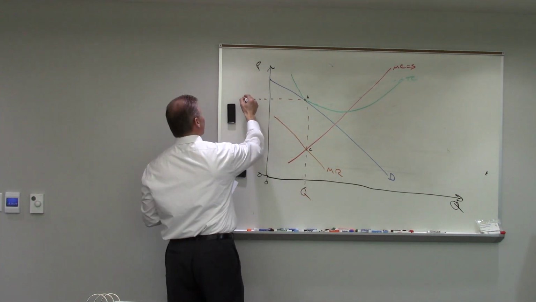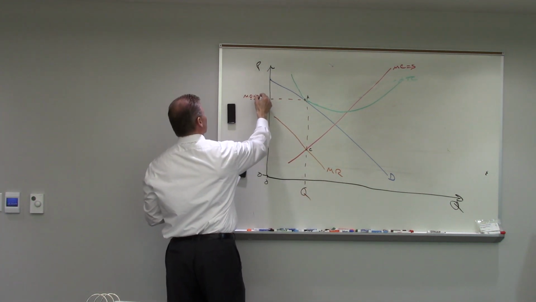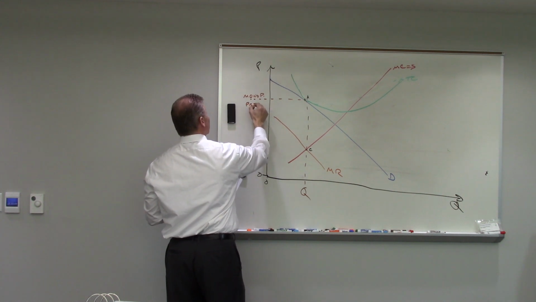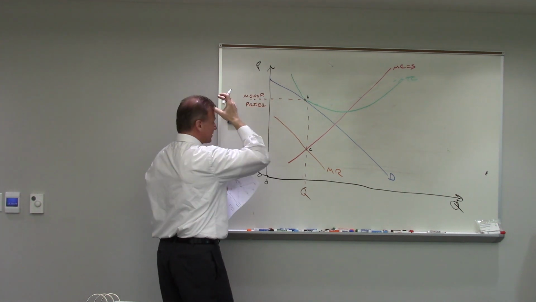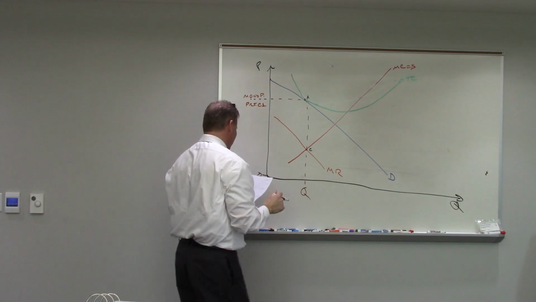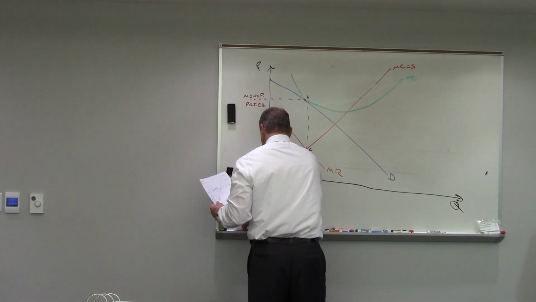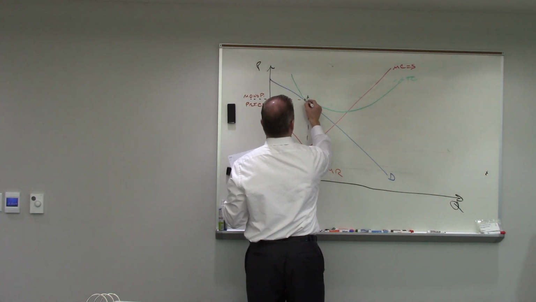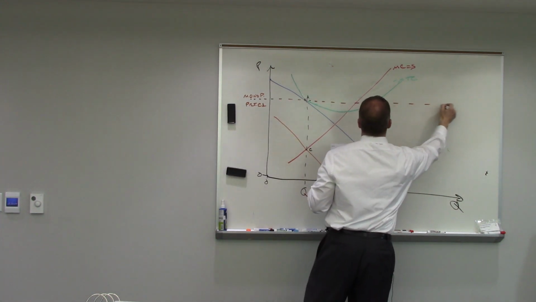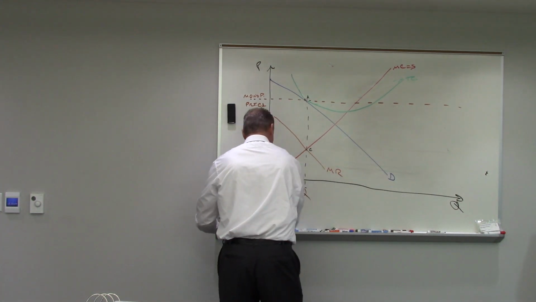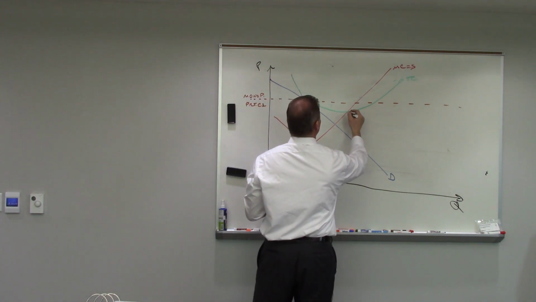There's your quantity. There's the monopoly price, but remember, this is monopolistic competition, so somewhere in the middle. But we're also going to put a point B over here. Let me go ahead and carry this out.